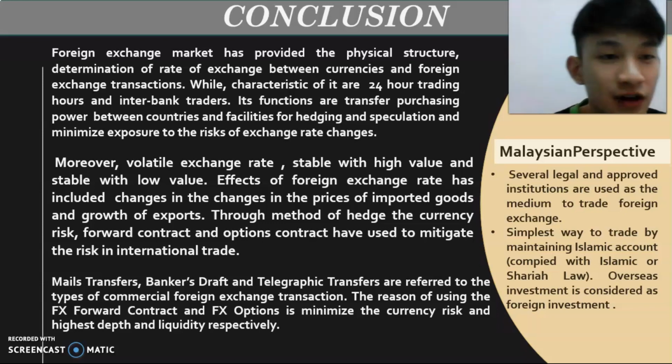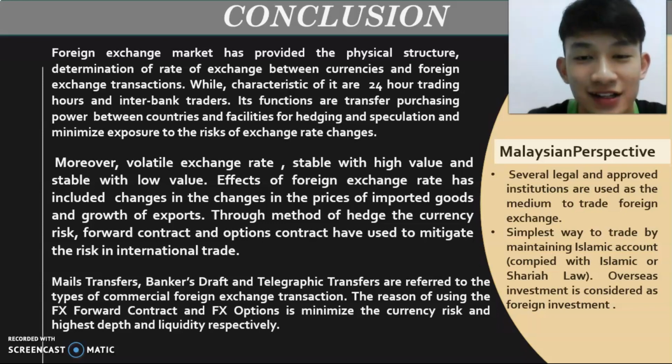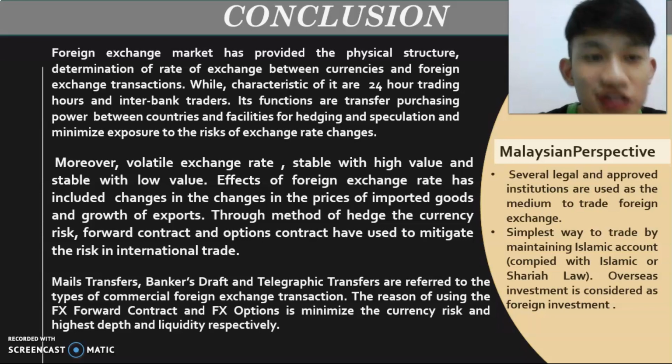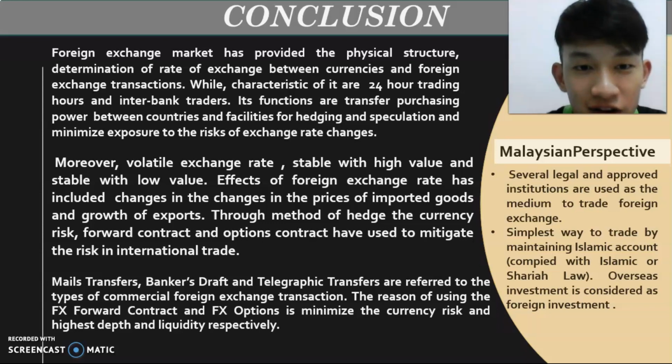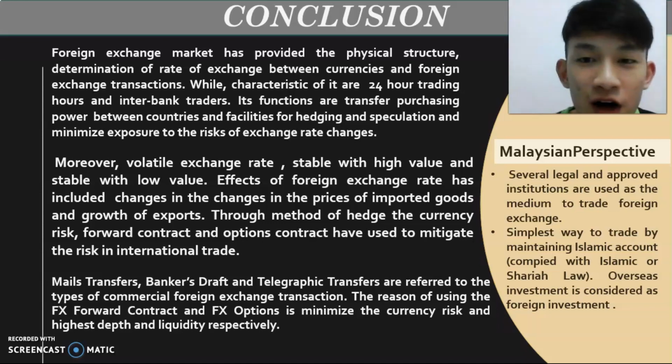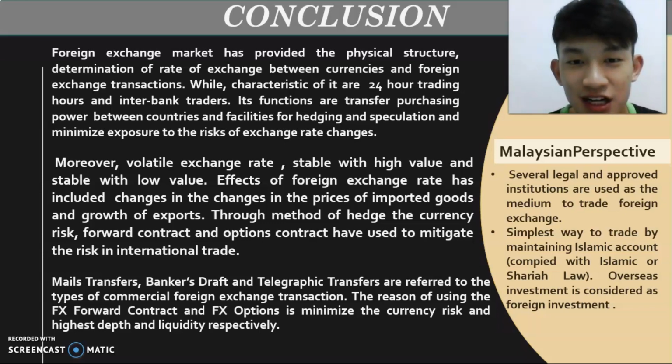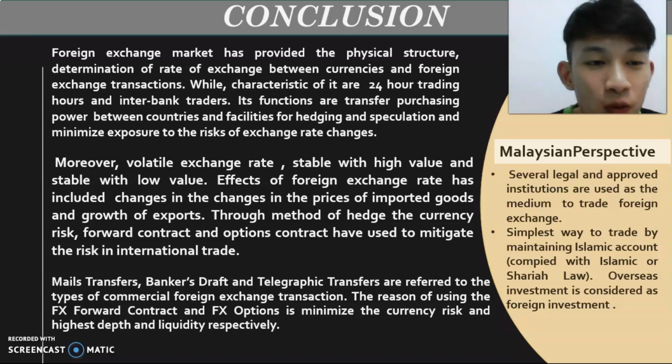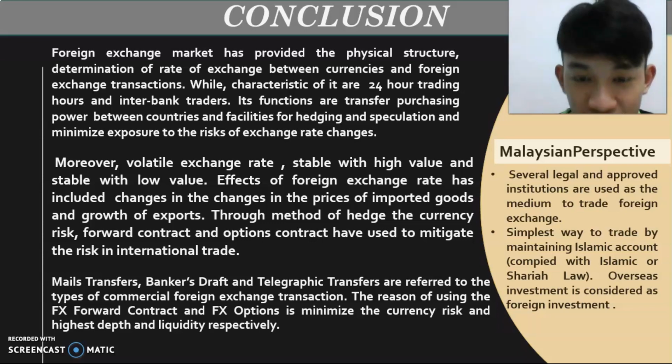Furthermore, the foreign exchange market provides the physical structure for the determination of the rate of exchange between currencies and for foreign exchange transactions. The characteristics of it are 24-hour trading and interbank trading. Its functions are transferring purchasing power between countries, facilitating hedging and speculation, and also minimizing the exposure to the risk of exchange rate changes.